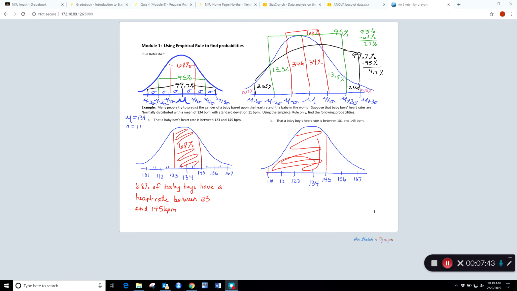There's a couple different ways to approach this. I'm going to show you one way. What I know is, if I go out 1 standard deviation in both directions, I get 68%. And I know if I go out 3 standard deviations in both directions, I get 99.7%.